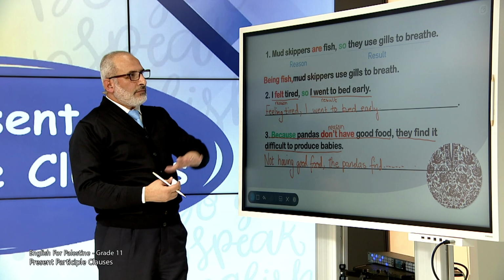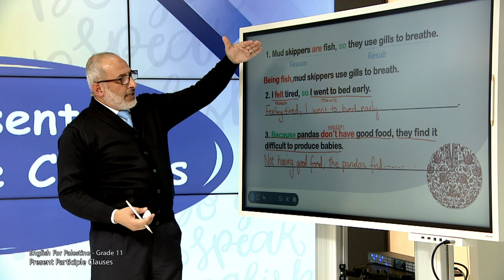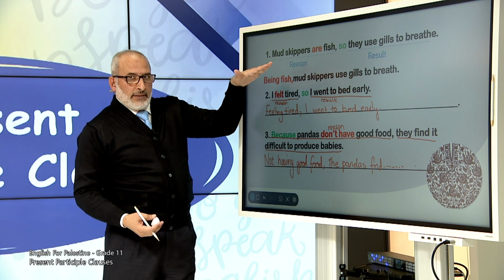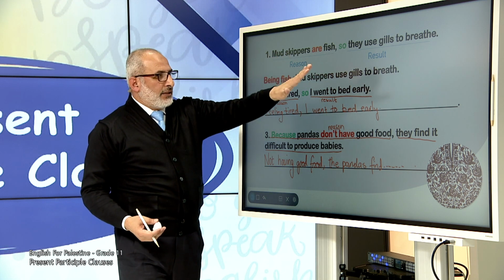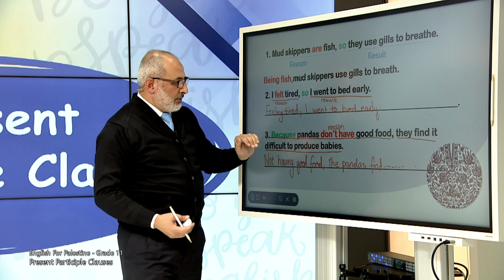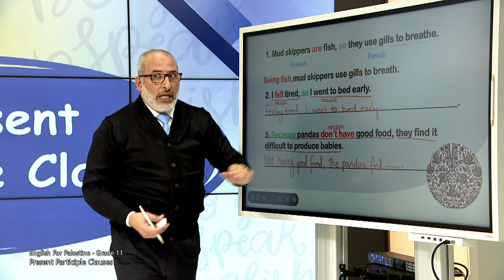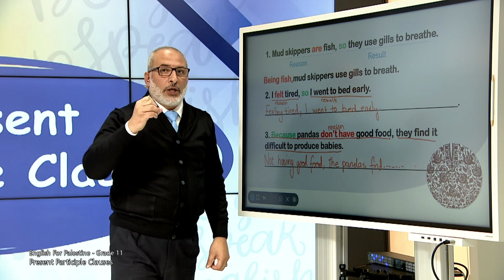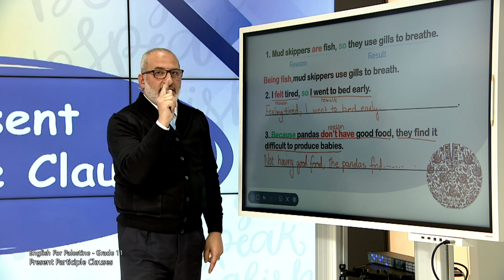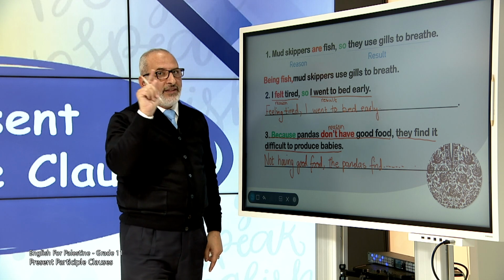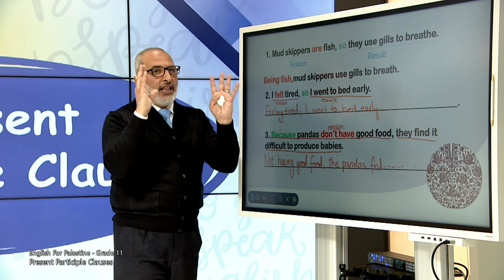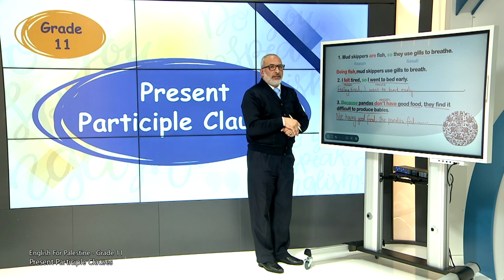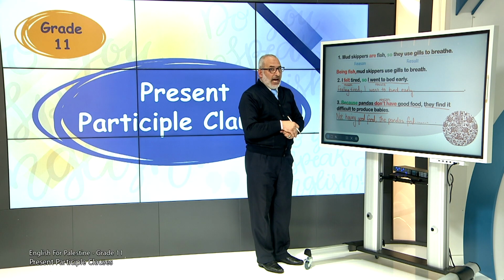Again, these 3 examples consist of 2 parts: reason and result. We use the present participle clause with the reason part of the sentence and not with the result part. We change the reason in the sentence into present participle clause. How?